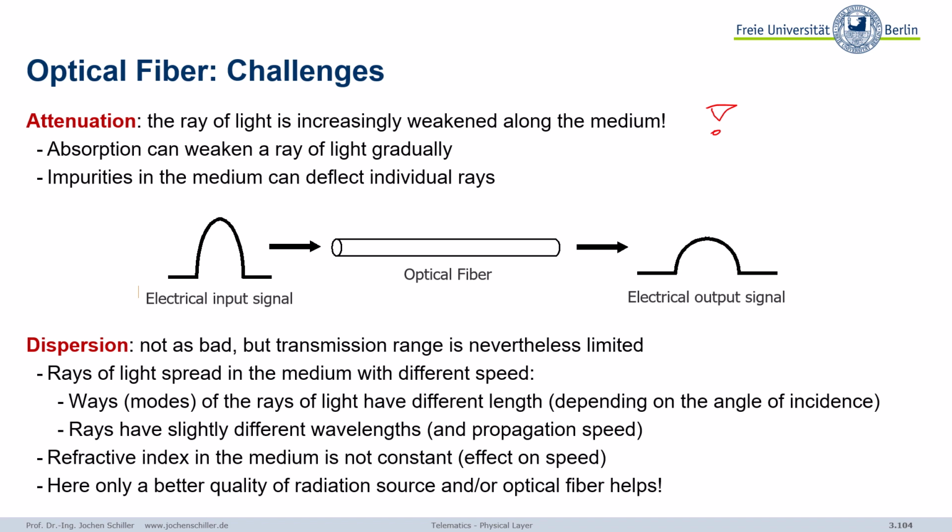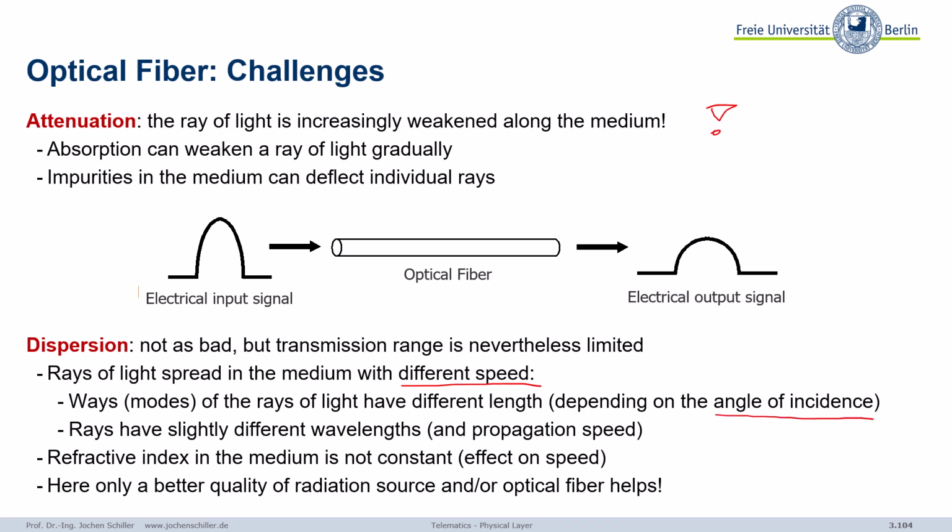That's a problem. And you have some dispersion. So yes, this also limits the transmission range, as the rays of the light go through the medium with different speeds. So it depends on the mode, and this depends on the angle of incidence.